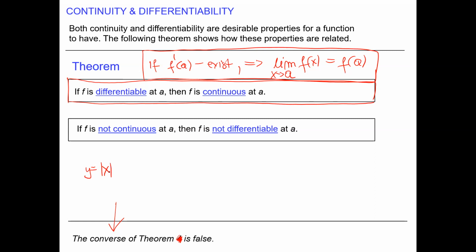Absolute value of x is a continuous function, continuous at 0. However, we know the derivative at 0 does not exist because we have a corner. So if we have continuity, we may not have a derivative. However, if a function has the derivative at a certain point, it will always be continuous at that point.